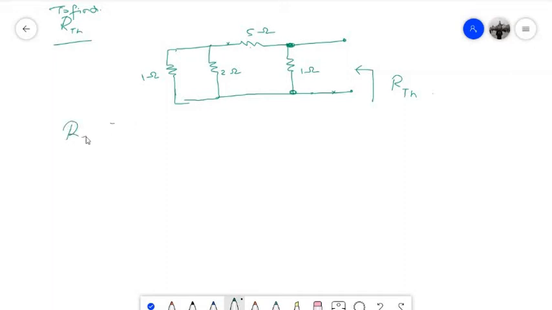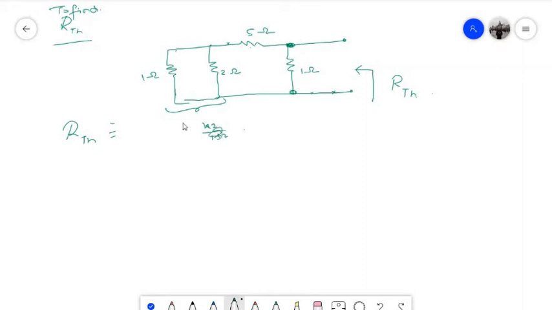Now let us see what resistance we are getting. Ultimately, for your RTH, this 1 ohm and 2 ohm are in parallel. So the equivalent of this will be 1 into 2 divided by 1 plus 2. Fine. That parallel combination of these two is in series with the 5 ohm resistance, and whatever you get as the combination of 1, 2 and 5 will be in parallel with this 1 ohm resistance. So this is how we reduce this network.